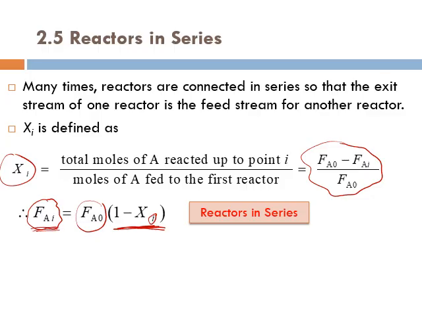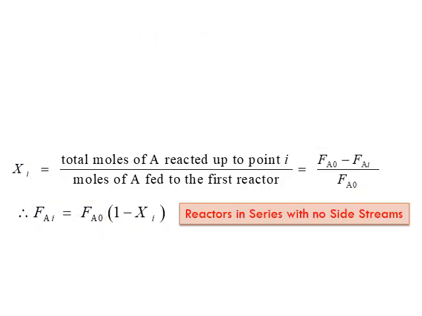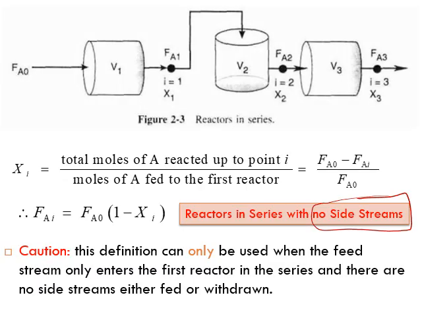This is only good for reactors in series. Please note, Shabab, it's not only reactors in series, it's reactors in series with no side streams. This is very important. This definition can only be used when the feed stream only enters the first reactor in the series, and there are no side streams, either fed or withdrawn.